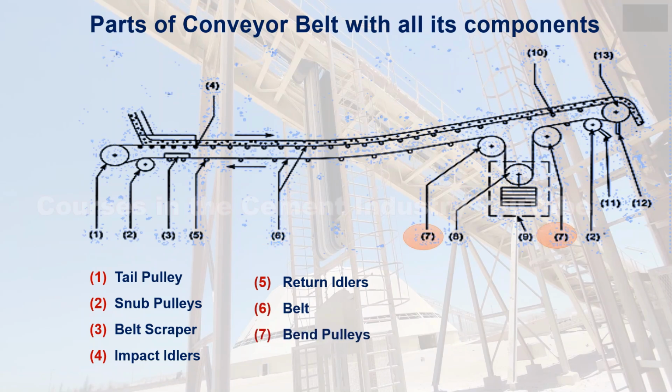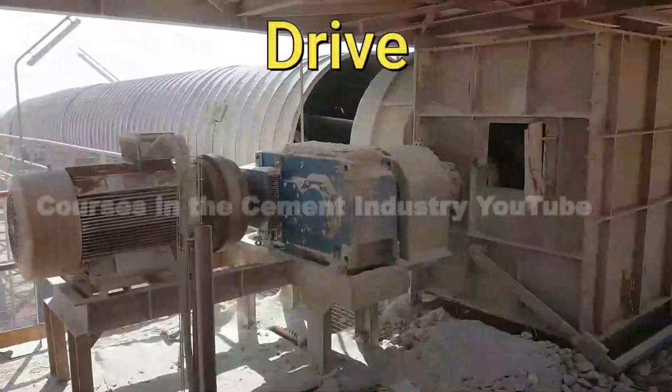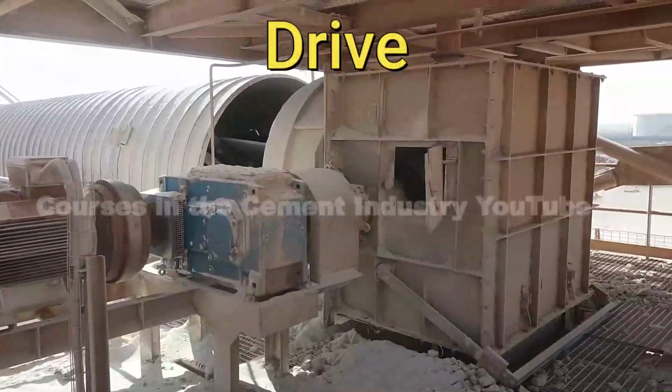Bend pulleys. 8. Take-up pulley. 9. Take-up device. 10. Carrying idlers. 11. Pulley cleaner. 12. Belt cleaner. 13. Head pulley. Together we watch this video, that shows us the components of the conveyor belt.